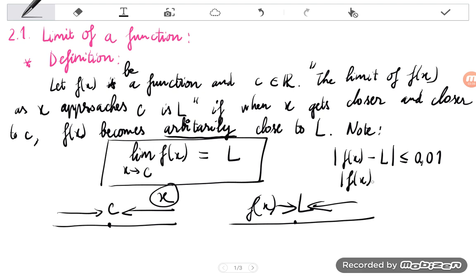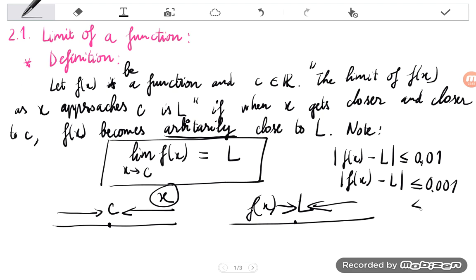And more, if you want the distance between f(x) and L less than 0.001, you can also choose a value x near C so that this happens.